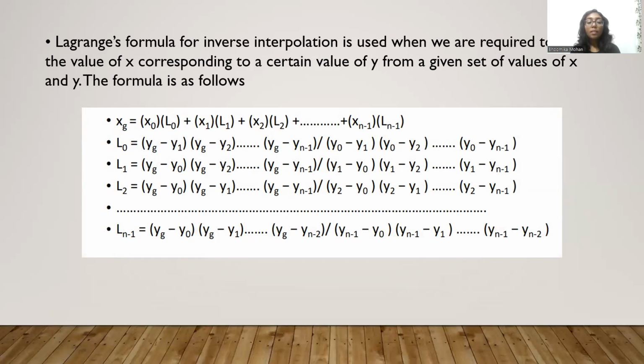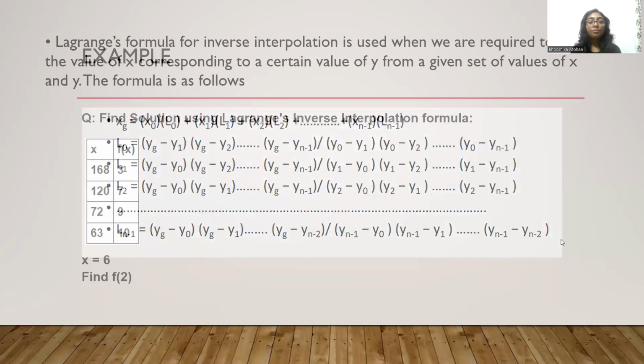So on till Ln minus 1 equals yg minus y0, yg minus y1, so on till yg minus yn minus 2 divided by yn minus 1 minus y0 into yn minus 1 minus y1, so on till yn minus 1 minus yn minus 2.